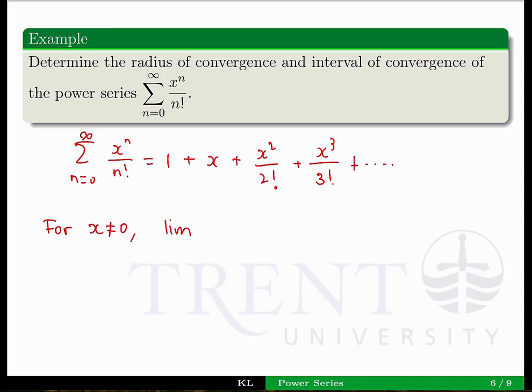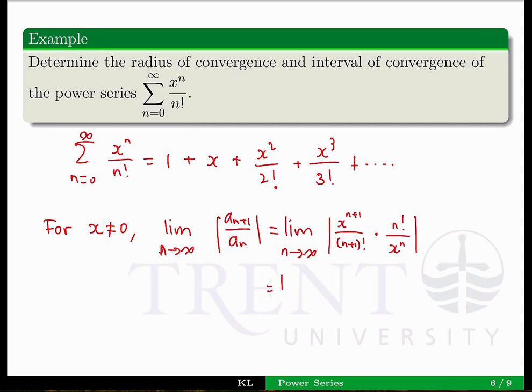We want to find the limit as n approaches plus infinity of a sub n plus 1 over a sub n in absolute values. This is equal to the limit as n approaches infinity of x to the n plus 1 over (n plus 1) factorial times n factorial over x to the n.